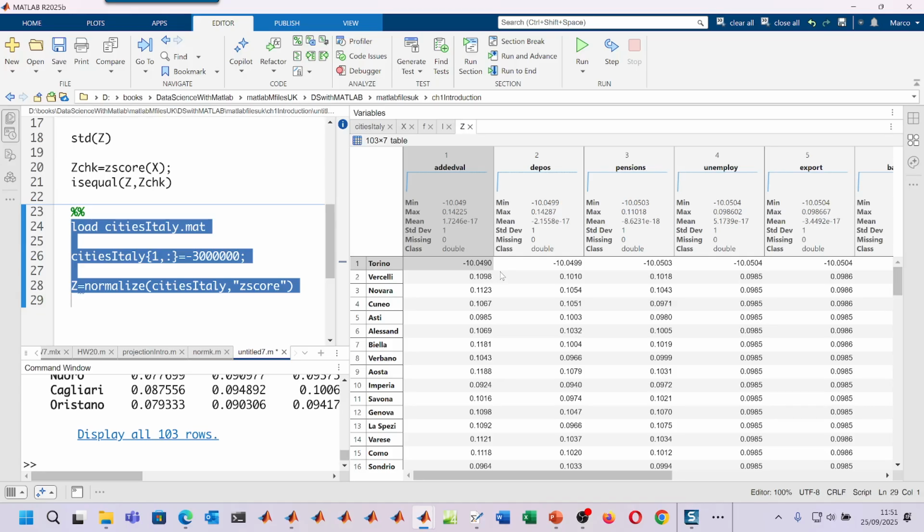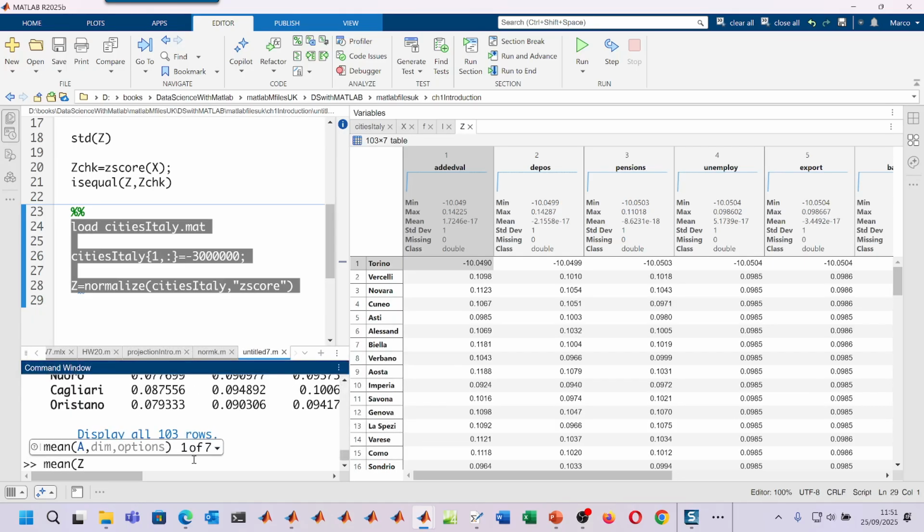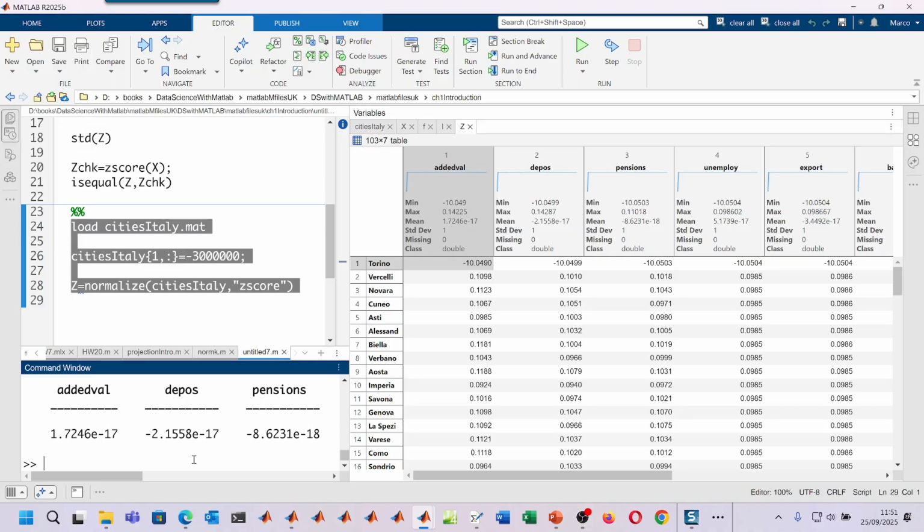It is true that the sum is 0, but in order to have this constraint, one must be very large and negative, and all the others must be positive and small. So the mean of z is still 0, but the price that you have to pay is that all numbers are wrong.